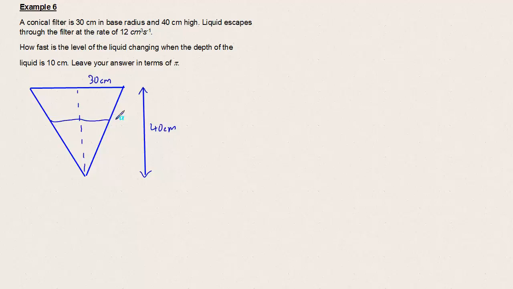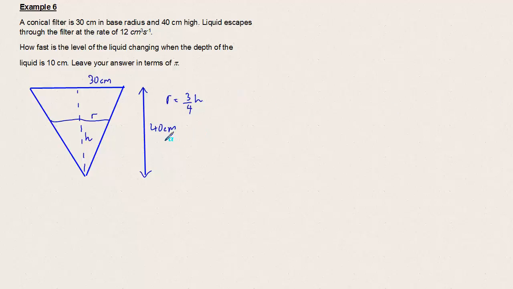So let's say that the level of the liquid at some stage is H and that this is R. Then from these proportions we can see that R is going to be 3/4 of H.